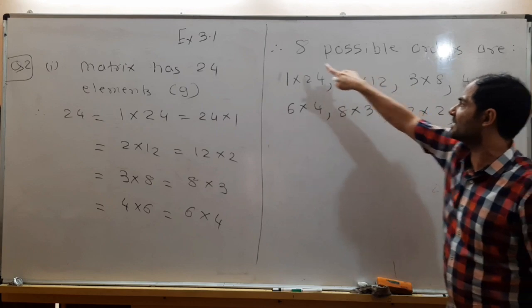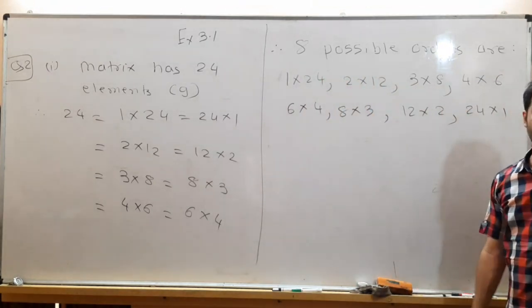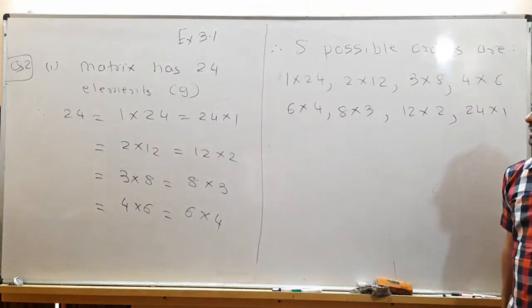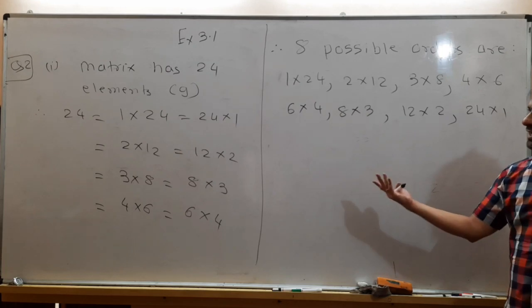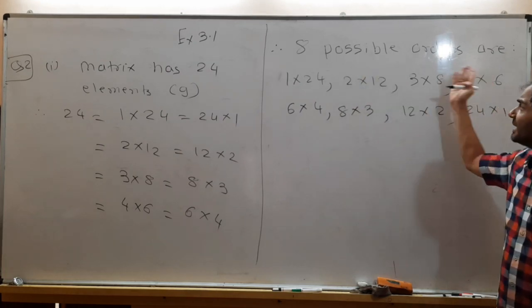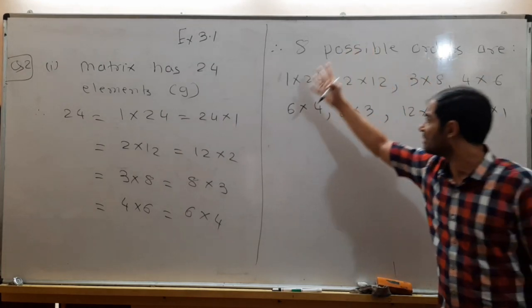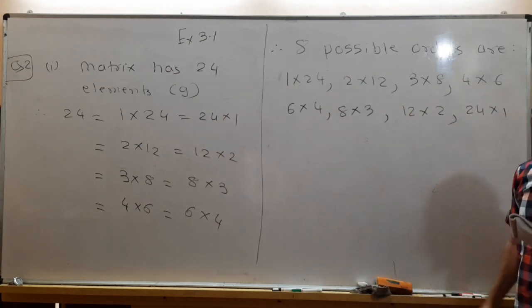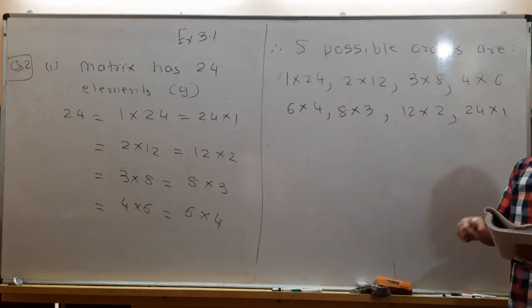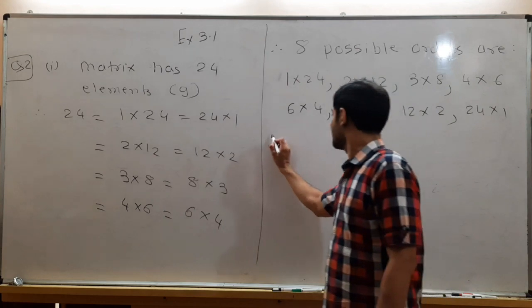So how many such matrices are possible? 8 such matrices are possible. That's the first part. Write all possible 8 orders. So everything given. And the same question they have asked, what if it has 13 elements?